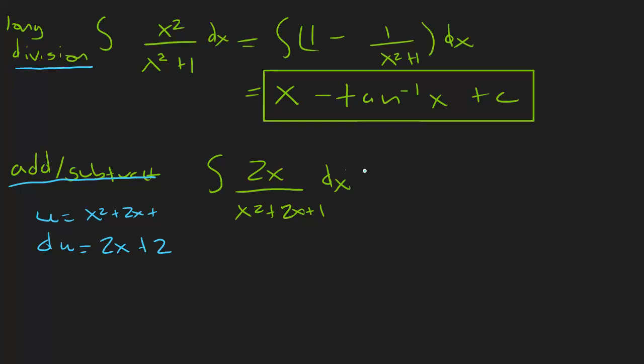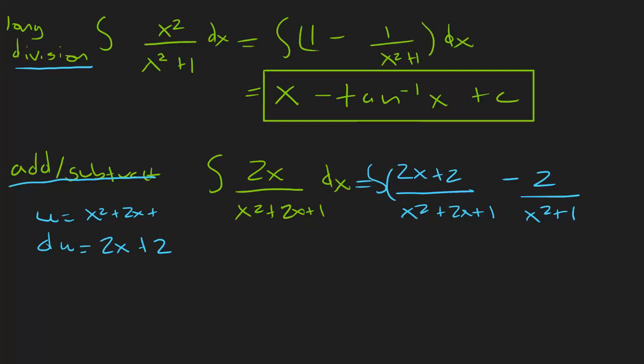So we rewrite that as the integral of (2x plus 2 divided by x squared plus 2x plus 1, minus 2 over x squared plus 2x plus 1) dx.